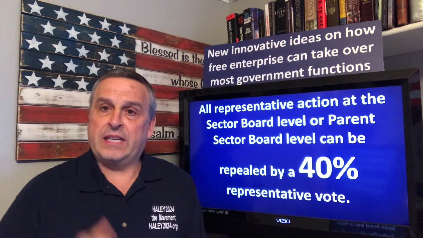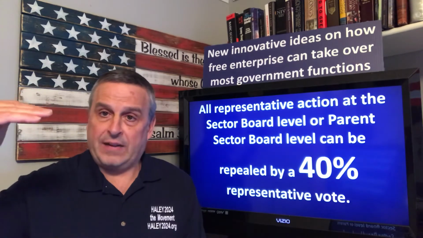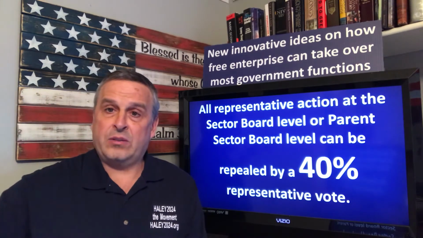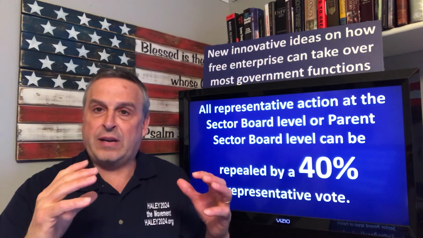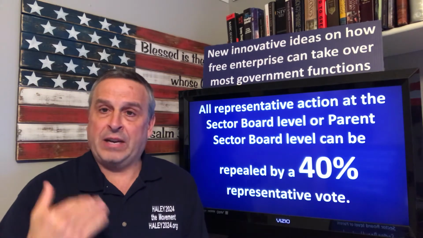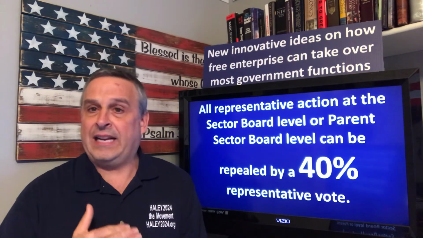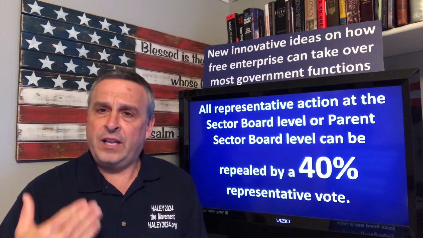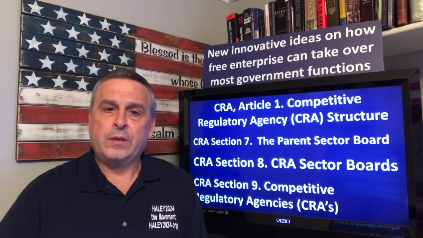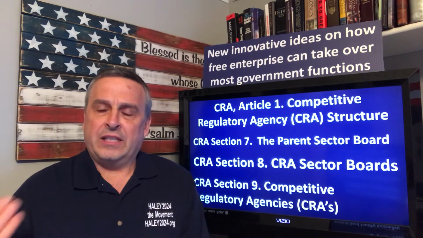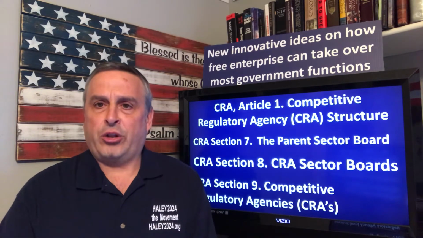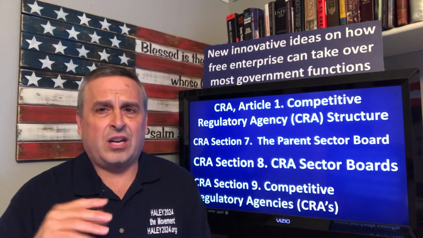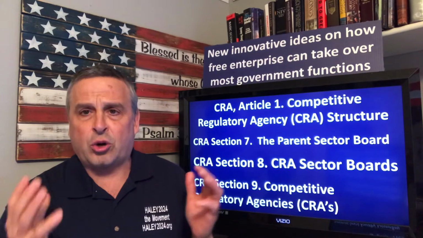But the 40% and the 70%, that's at the sector board level. The sector board level is where all the CRAs send representatives, and when something cannot be done adequately at the CRA level, it goes to the sector board level. Okay, the parent sector board level, we'll get into that on other videos, but they're mostly just constitutional, making sure the whole structure works.